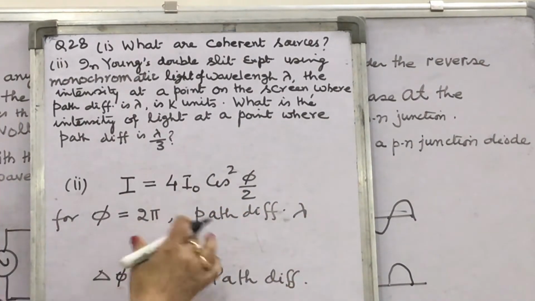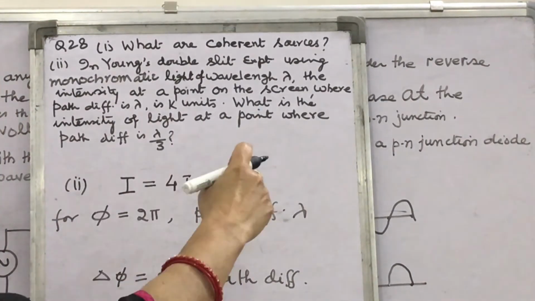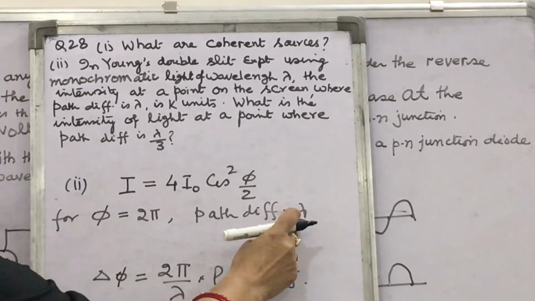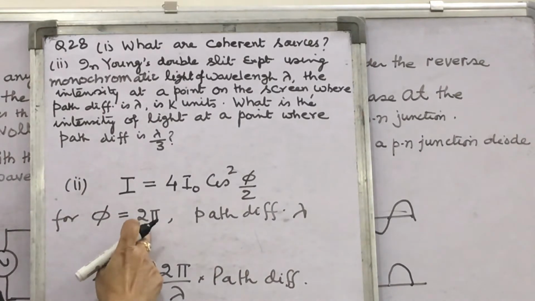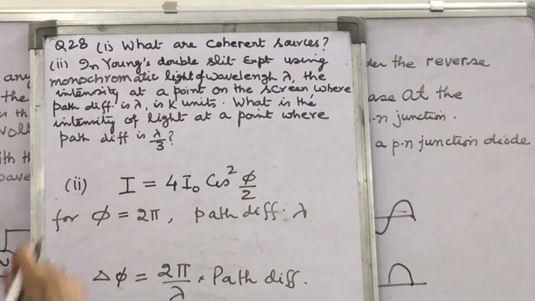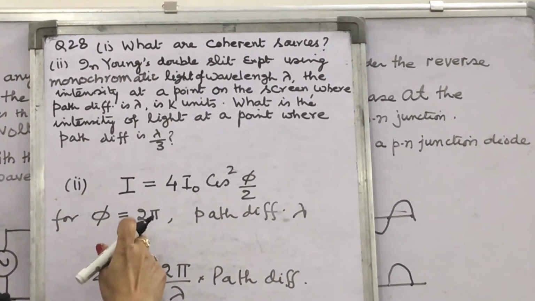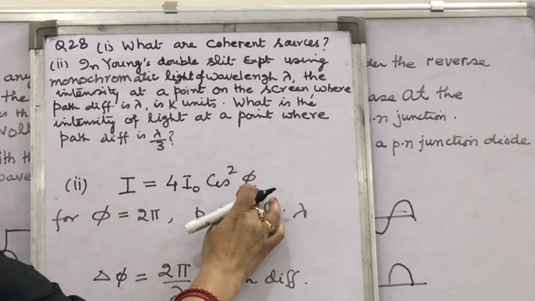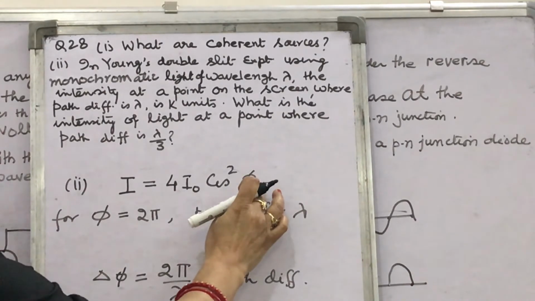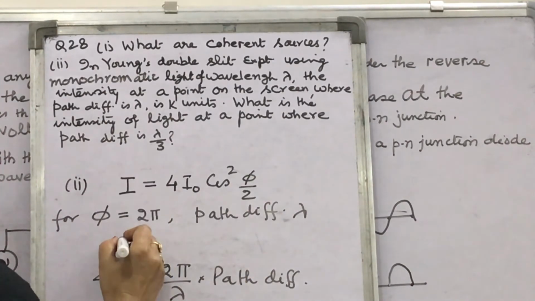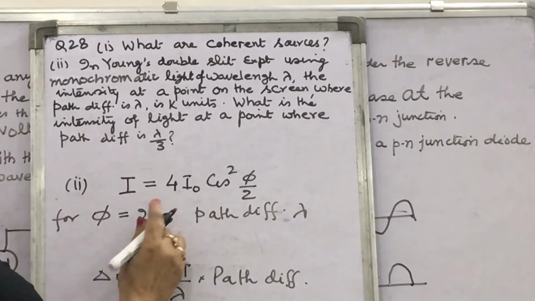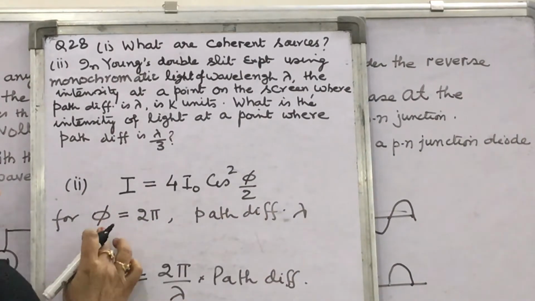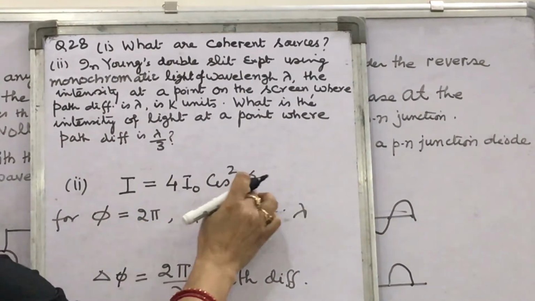You should know these facts. One wave having wavelength lambda, what is the phase corresponding to that? 2 pi. So how will you write phi by 2?